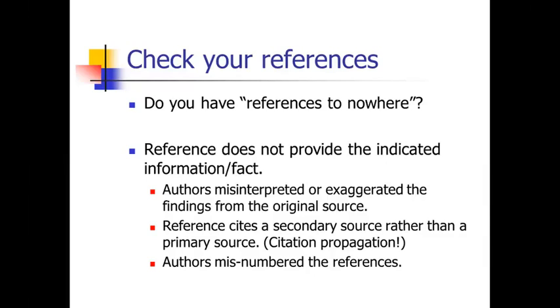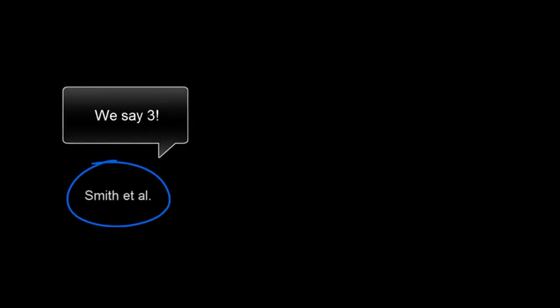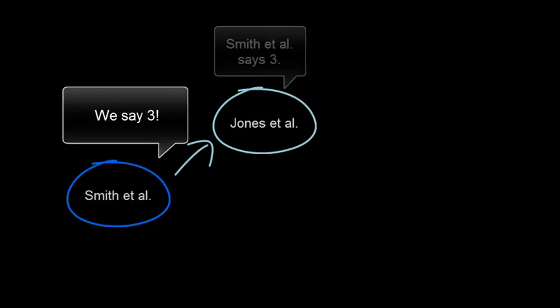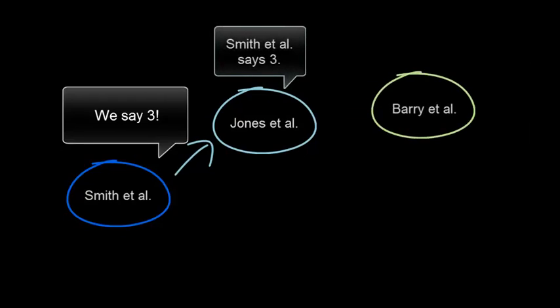actually is a secondary source and not the primary source. I call this citation propagation, and I'm going to talk about it a little bit more. Somebody, Smith et al., does the original study. They come up with a number, a figure, a statistic. Jones et al. cites Smith et al. Now Berry et al. goes to give this statistic in their paper.